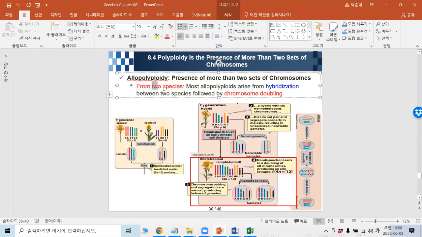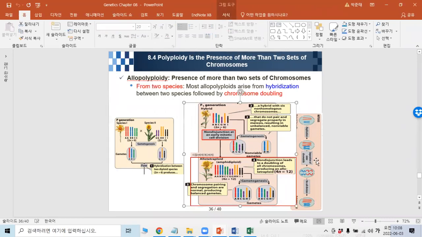One species has 2n equal to 6, and another species has 2n equal to 6. They will make the hybrid. Usually their gametes are ABC and GHI, and when they hybridize, they will have ABC GHI.